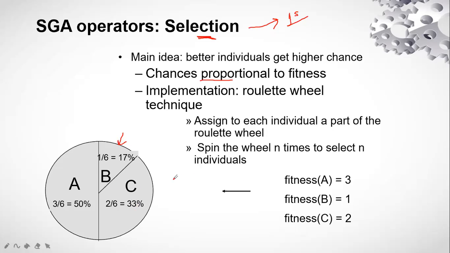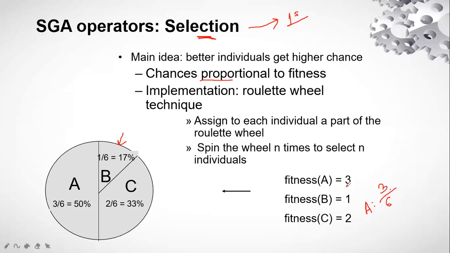Let's say A has 3, B has 1, C has 2. So the total is 6, right? And for A, what is the probability? The fitness value for A is 3.